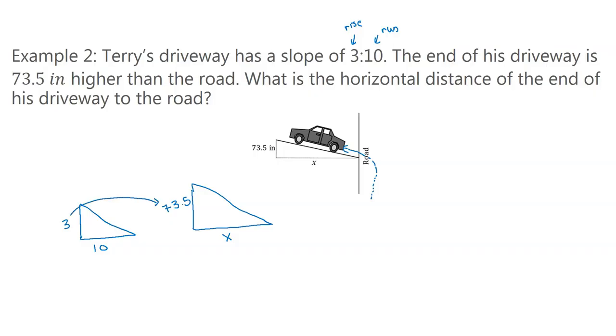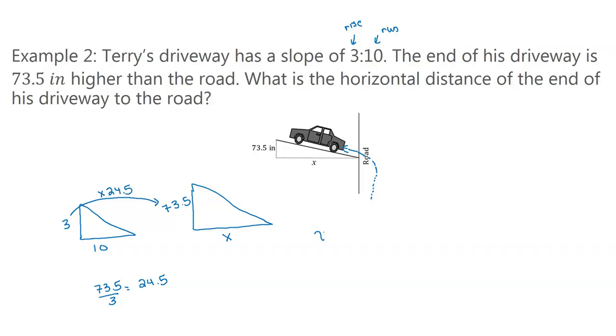We'll say, how many times bigger is 73.5 than 3? So dividing that, I get 24.5. So that means that this triangle is 24.5 times bigger.